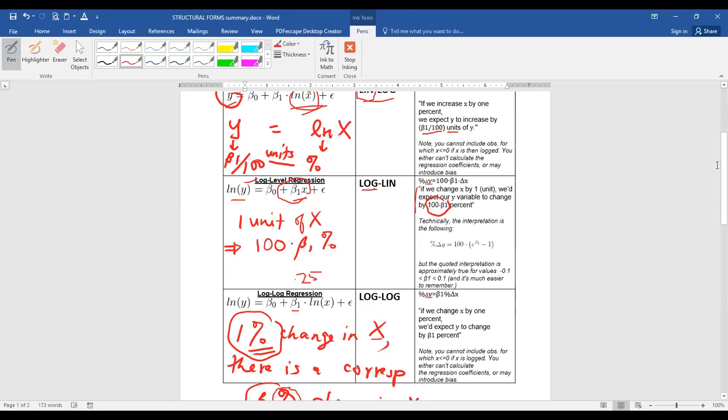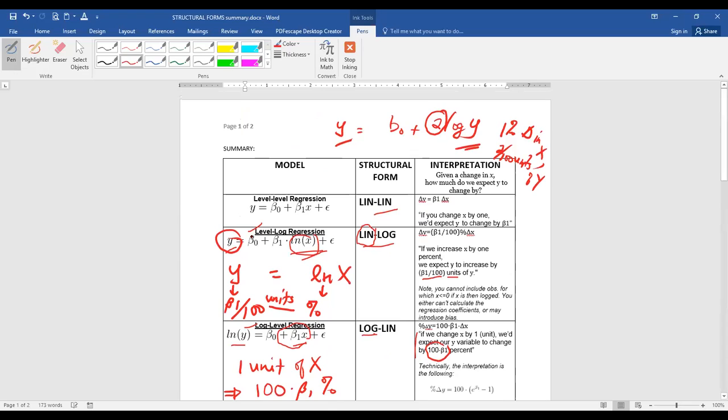So quick review lang. Pag lin-lin, unit-unit ang ano niyan, di ba? Tapos kung ano man yung beta, yun na yan. So for every 1 unit change in X, there's a corresponding beta 1 units in Y. Ceteris paribus lagi, no? Now, how about yung log-log natin?